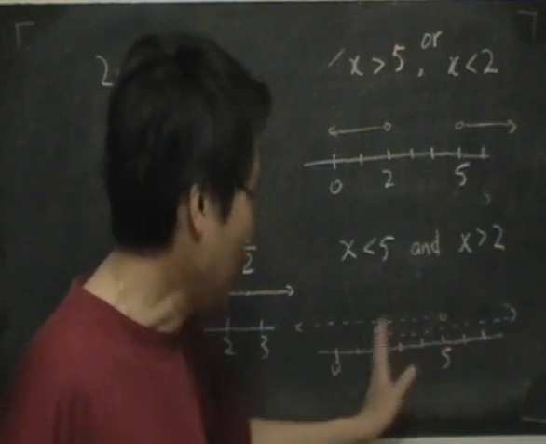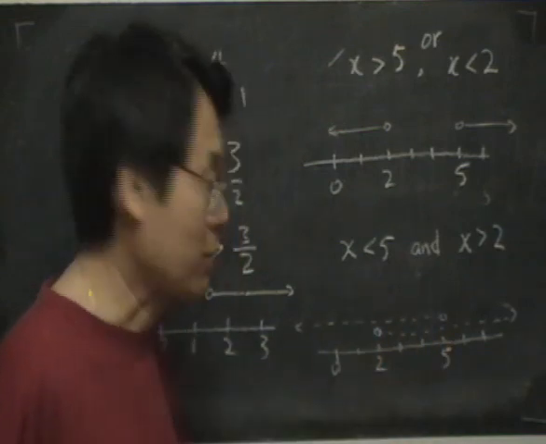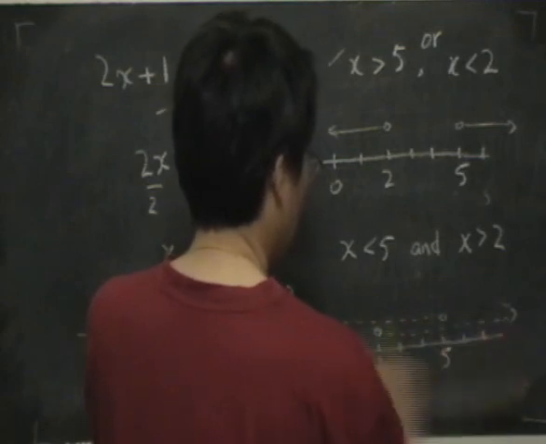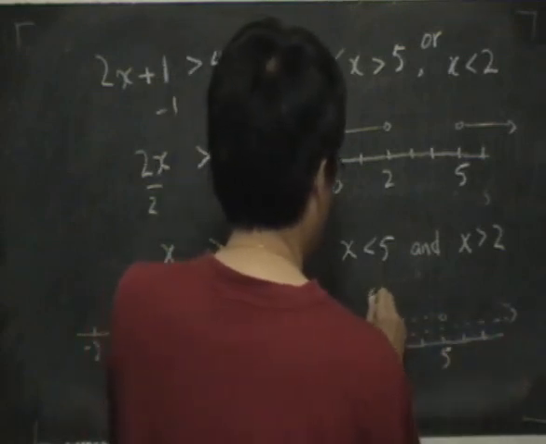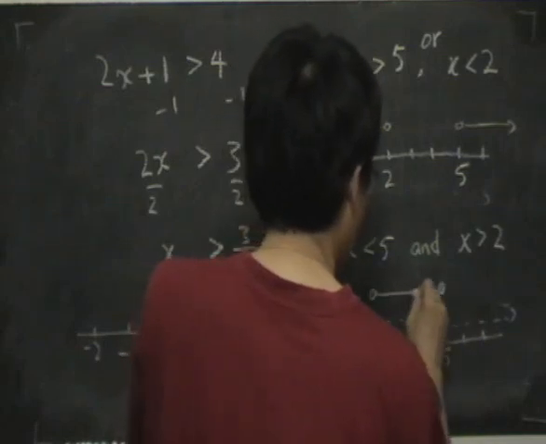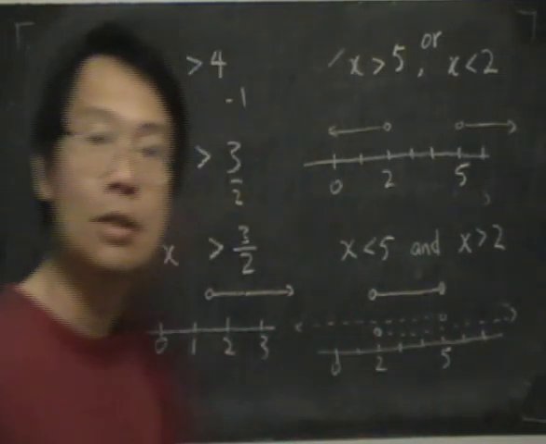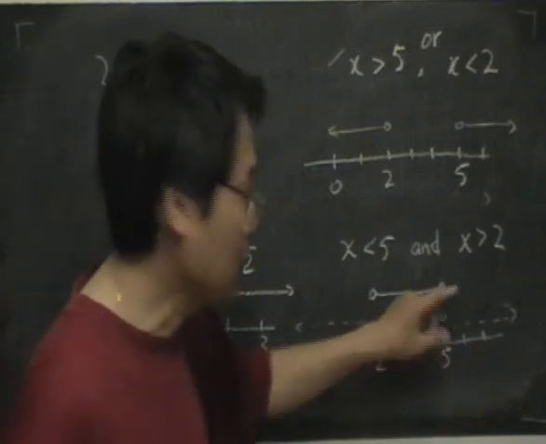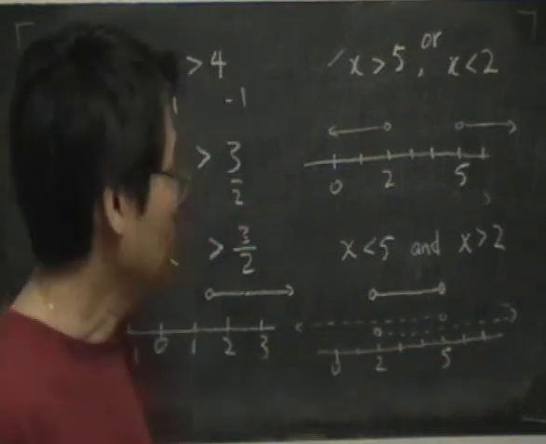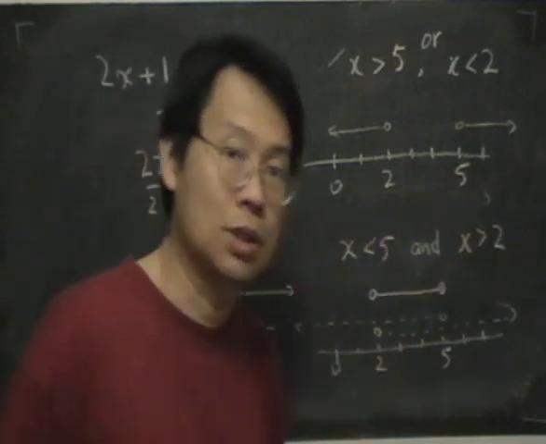So it has to be in between 2 and 5. So therefore, it is the place where the two dotted lines overlap, and the correct solution would be there. So I've drawn a solid line here to show that that's the solution to these two inequalities.